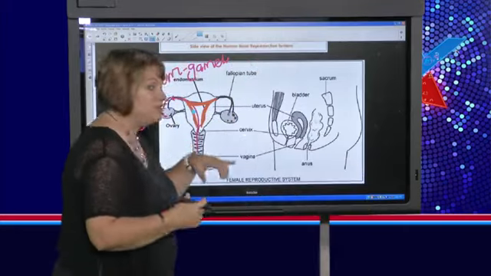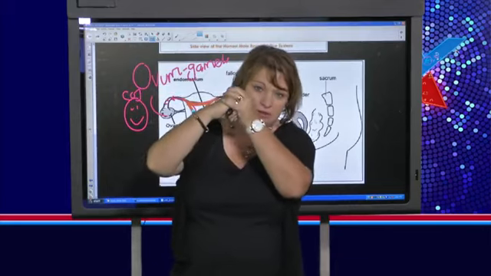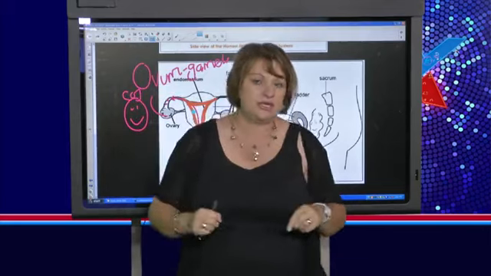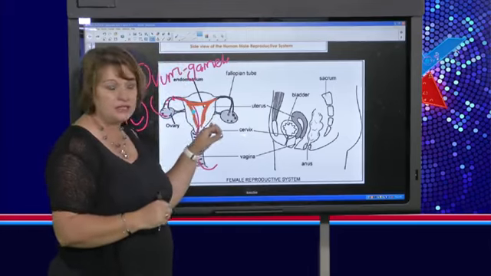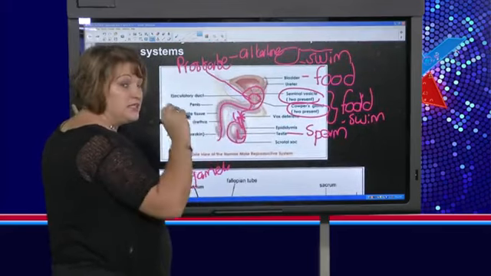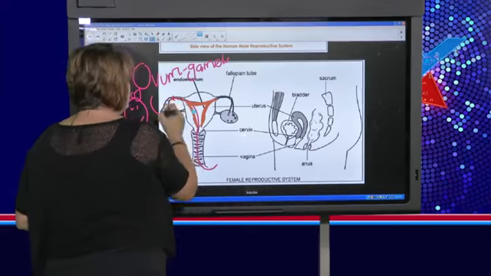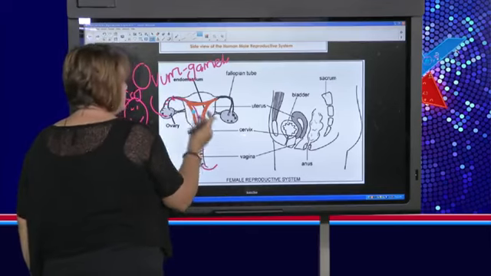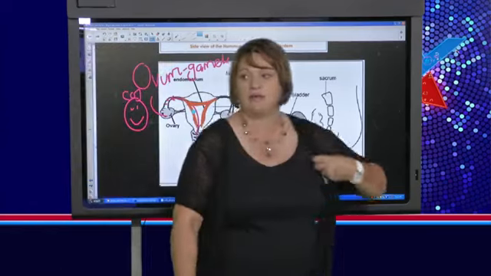So when that little embryo implants into that blood, what are we going to start to see? We're going to start to see the development of our fetus. So our male makes a gamete and gets rid of the gamete, and the female is going to be responsible for the development and the nurturing of that embryo.